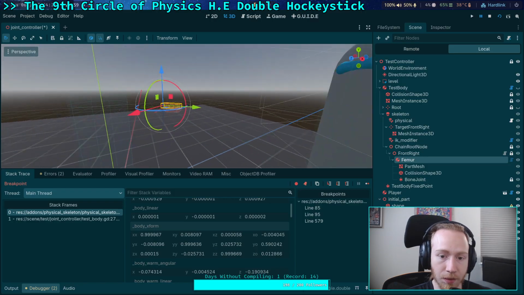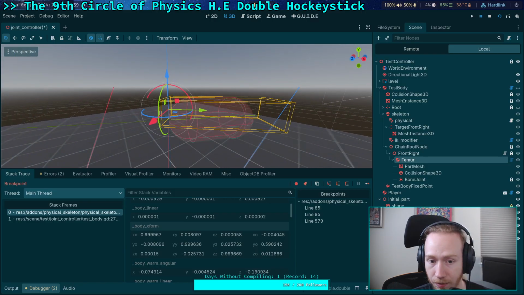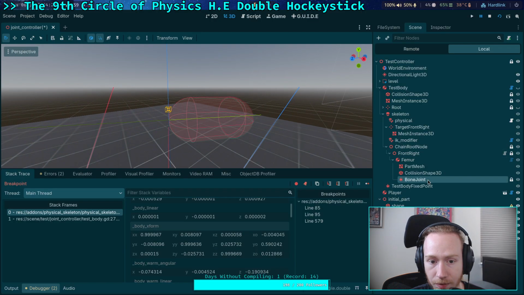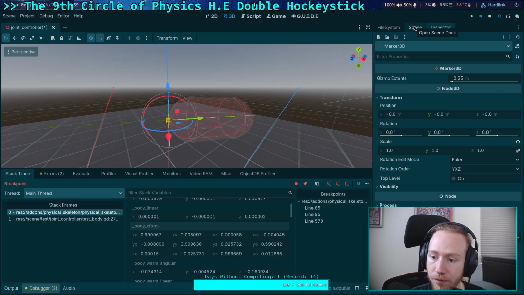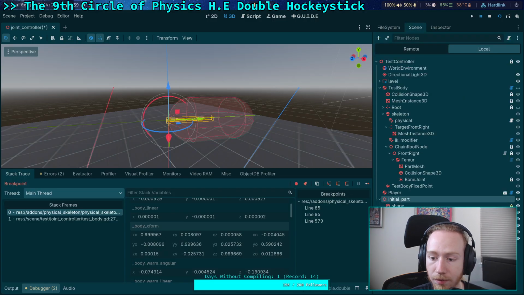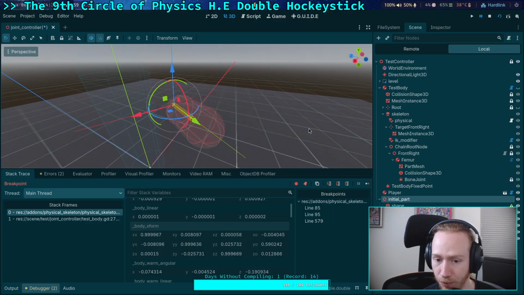Is this correct? The origin is actually where the constraint is? Yeah. Okay, so this one's barely moved, so this one looks good.